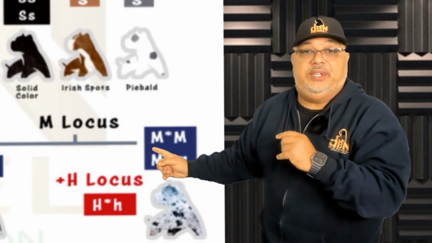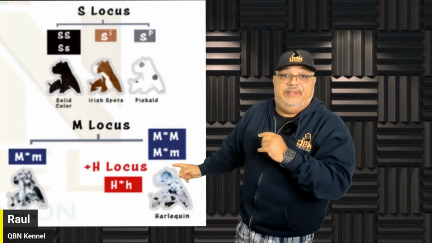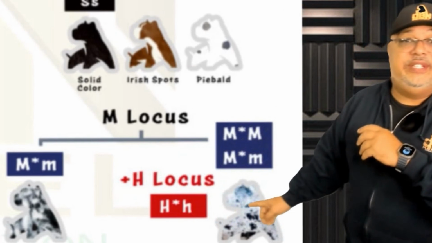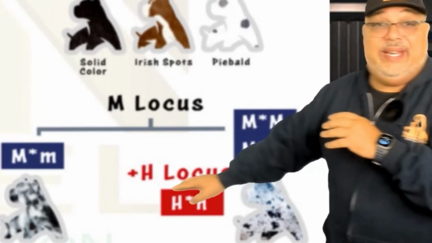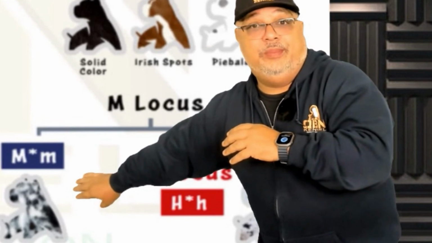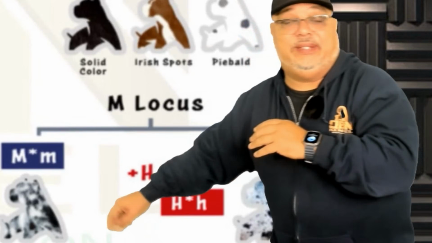This is what's called a double merle. And if you notice in the picture below, the displacement of melanin or color is a lot more profound than it is when you just have one merle gene expressed and not the other.